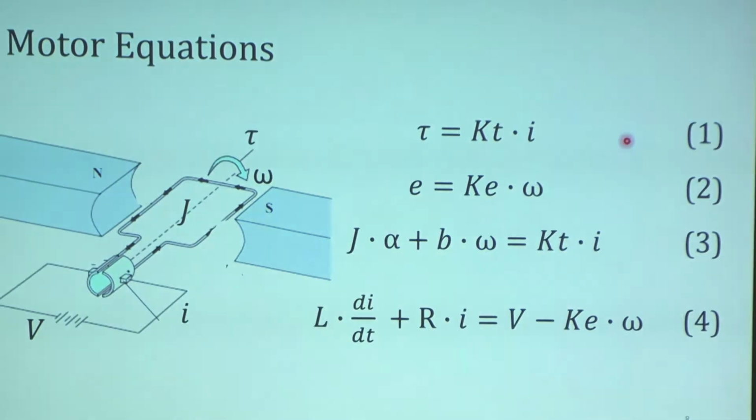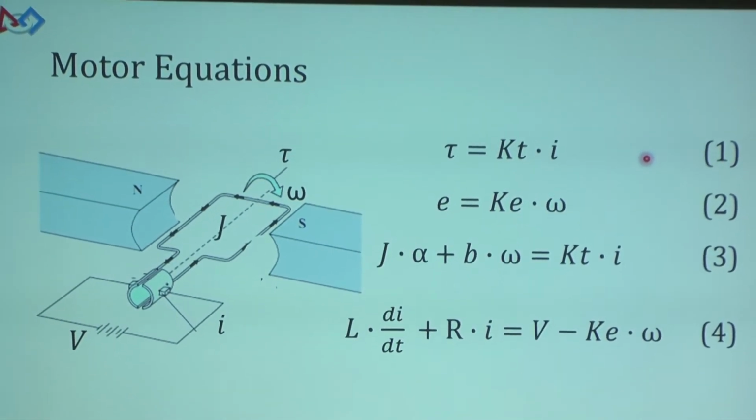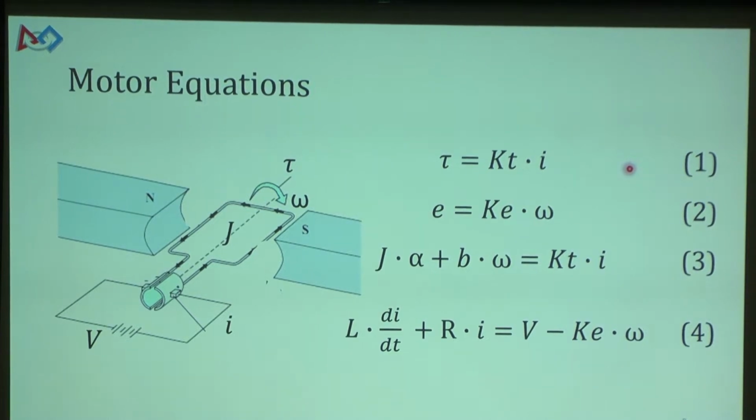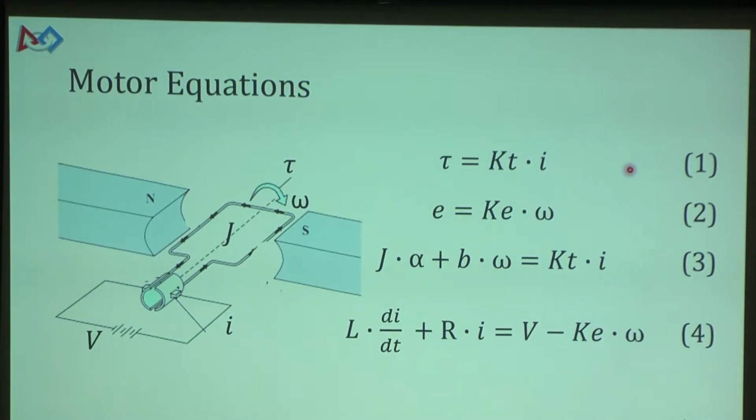Okay. So these are the equations that govern the behavior of motors. The first equation explains how generated torque and applied current are connected with the K value.